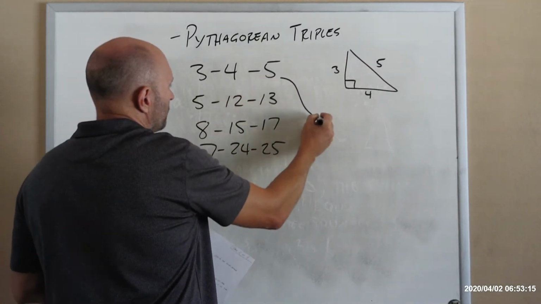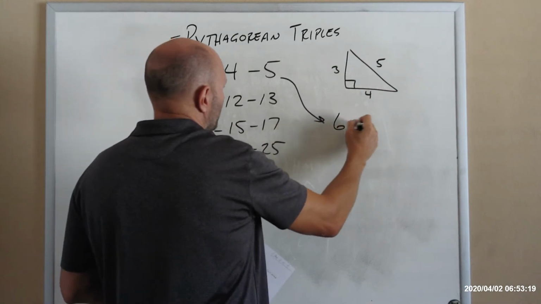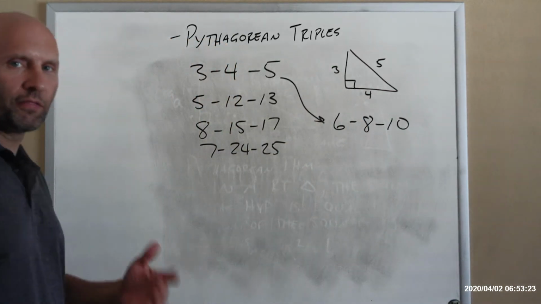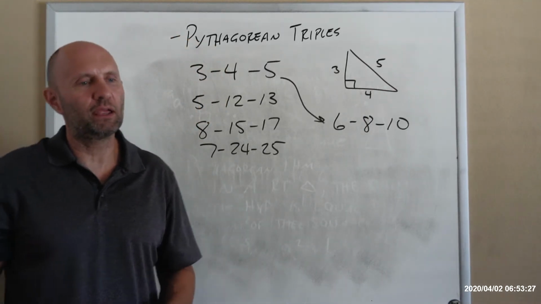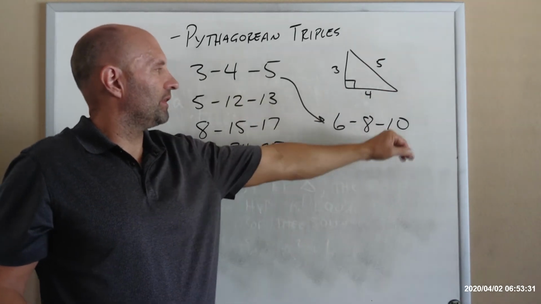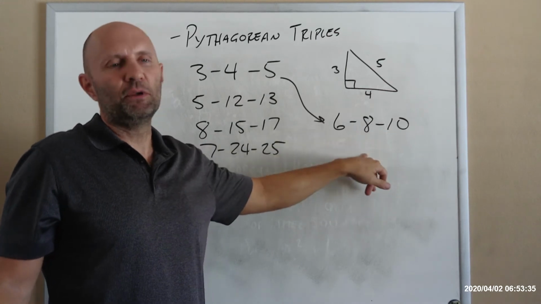So if I take 3, 4, 5, and I double all the numbers, 6, 8, 10, this is also a Pythagorean triple. So maybe on the test it'll say, I have a triangle where one side is equal to 6, and the hypotenuse is equal to 10, find the missing leg.